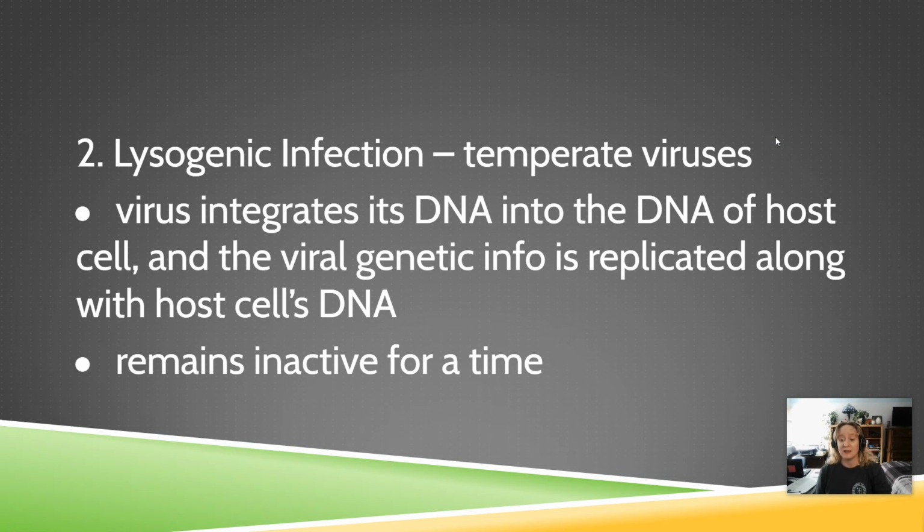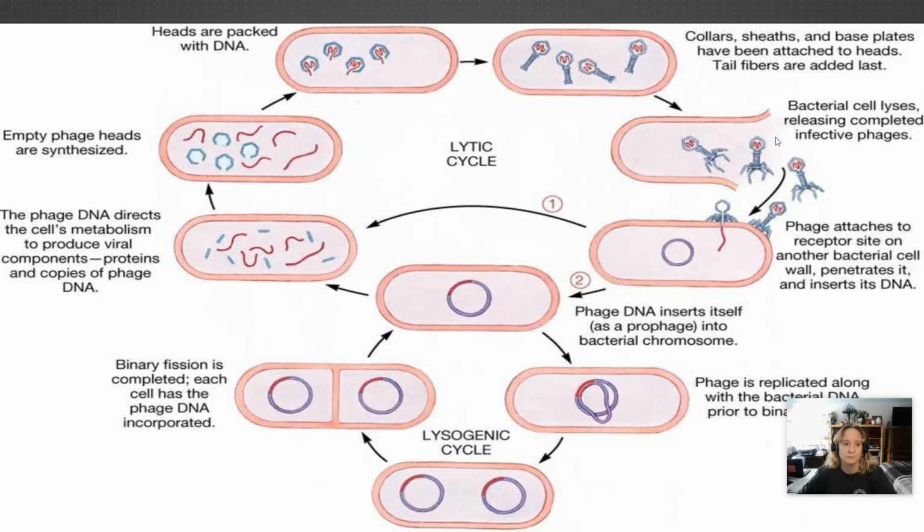Now you have 8 cells that have this viral DNA, and that DNA is inactive. Then there's some kind of trigger, some environmental factor, that causes it to become active, and it will start making new viruses. I know that HIV is one of these lysogenic infections. So this is one where you might not know you have it for a while.